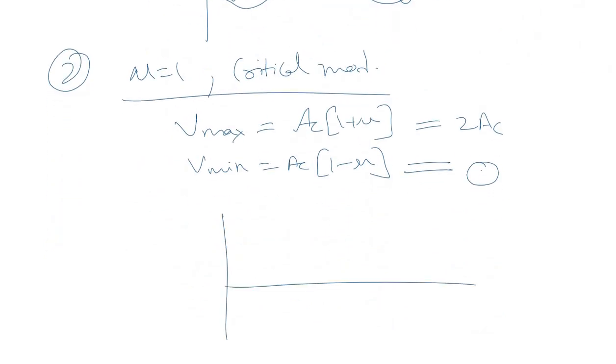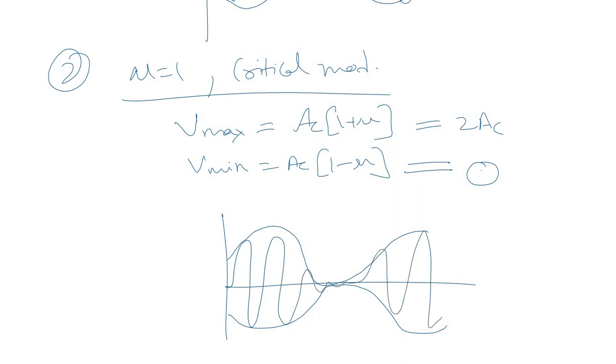If we plot it again, something like this, the positive and the negative envelope touch each other. This can also come under the desired category because they are just touching each other, not overlapping, so there is no distortion in the modulated signal.